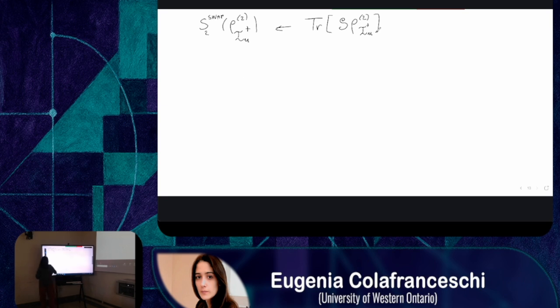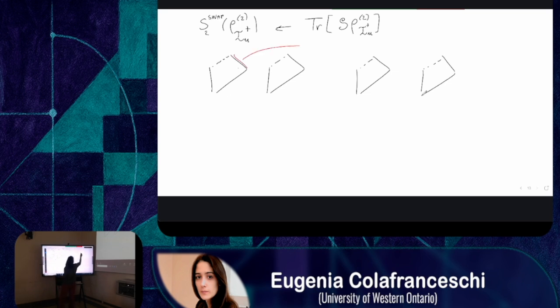Then again, what I'm doing here is, now the difference when I introduce this swap operator is that I actually glue this part to this part, and this part to this part.